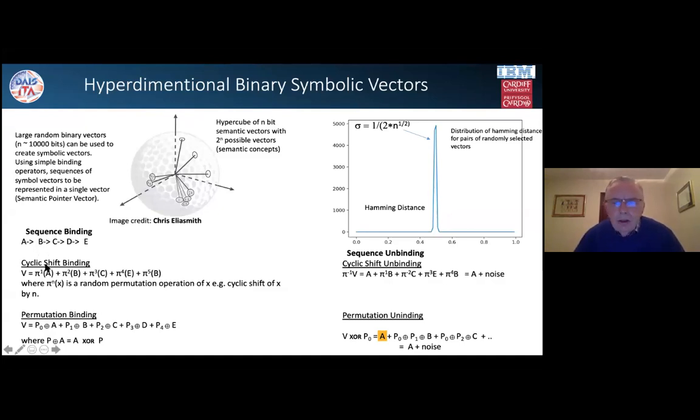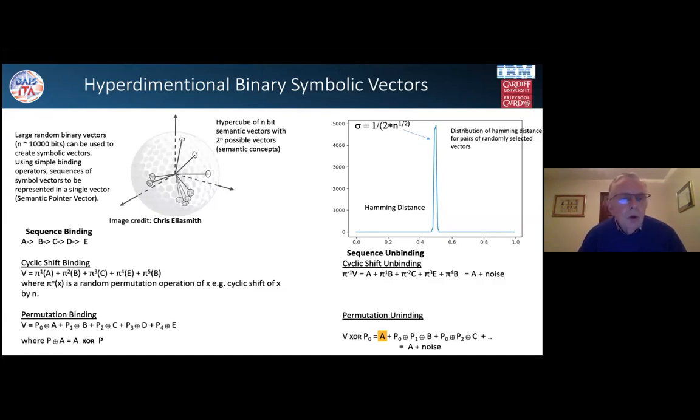Now, the two types of binding that I'm sure most of you are familiar with are, first, the cyclic shift binding operation, where we construct a vector by binding together through a majority sum operation vectors A, B, C and so on, or whatever sequence we want to represent, by performing an operation on each of the vectors. And although that operation could be a random permutation, it turns out, as Kanerva pointed out very early on, that we can do this with just a cyclic shift, because a cyclic shift of a random vector is equivalent to a random permutation.